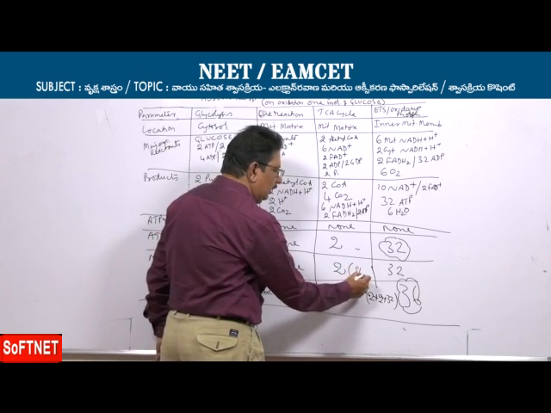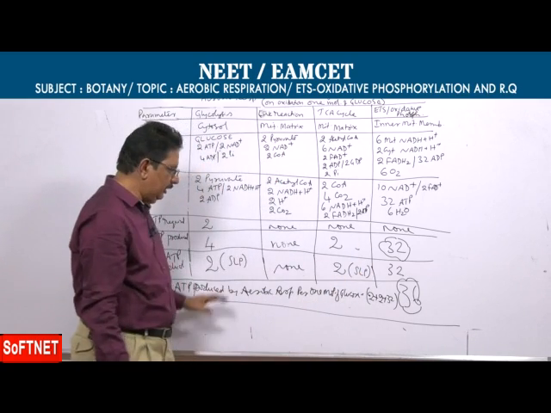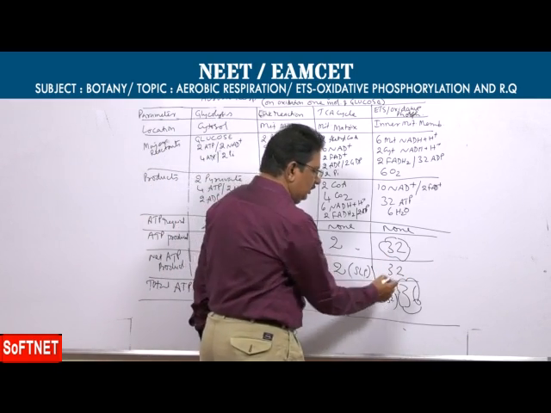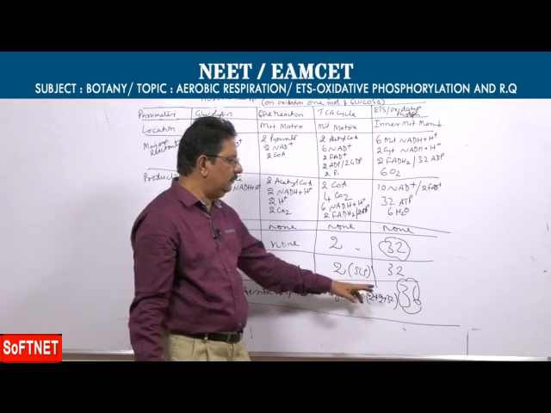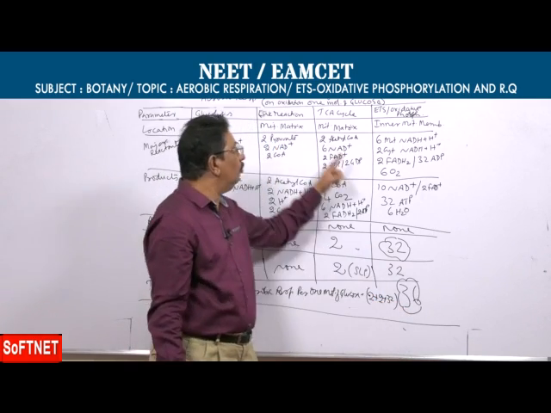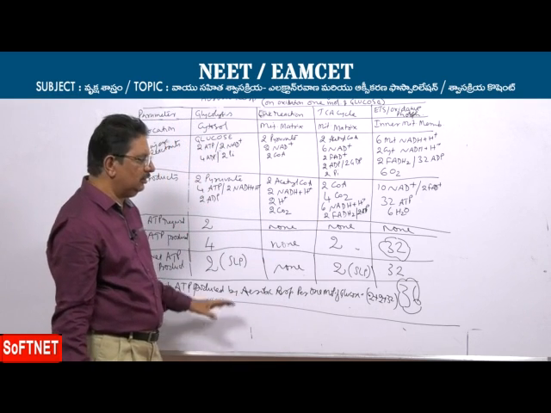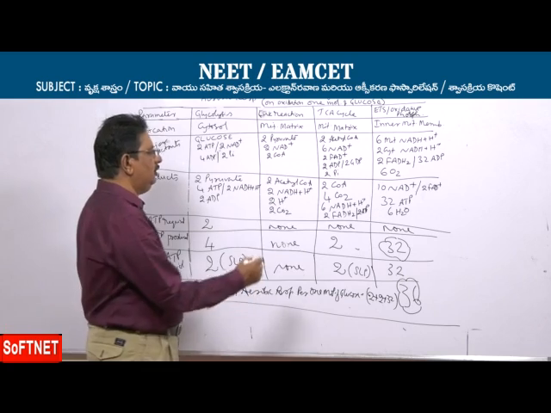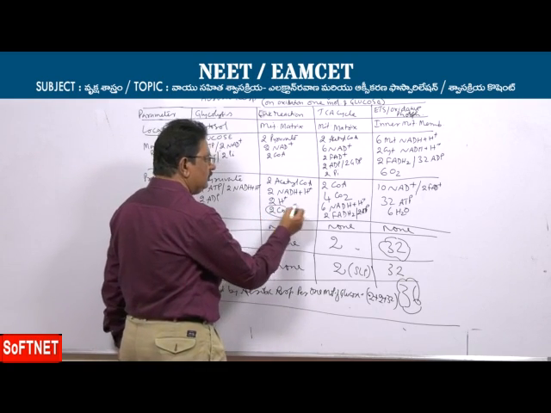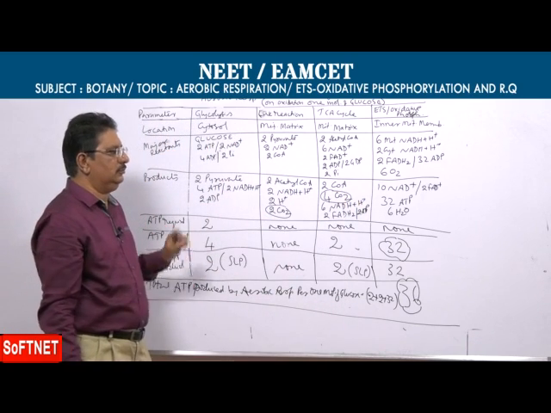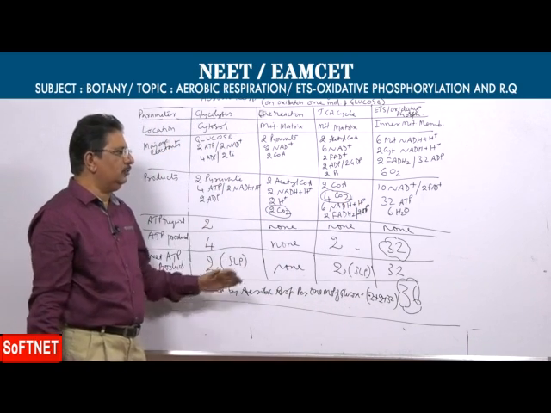So, through SLP, the 4 ATP, through oxidative phosphorylation 32, so altogether 36. So, one molecule of glucose oxidation results in 36 ATP and 6 CO2 molecules are released. So, it may be useful to you.